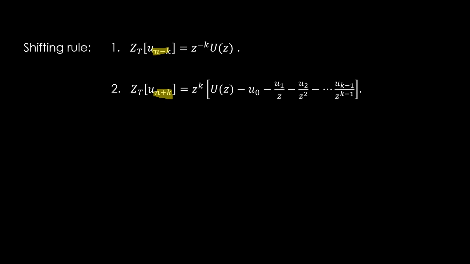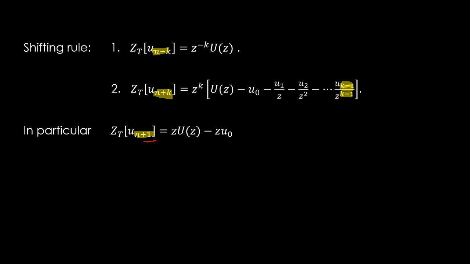The last term is u(k minus 1) by z to the power k minus 1. Just make a note, whenever the sequence u(n plus k) is given, the last term is still k minus 1. In particular, for k equal to 1, the transform of u(n plus 1) is z into U of z minus z into u0.